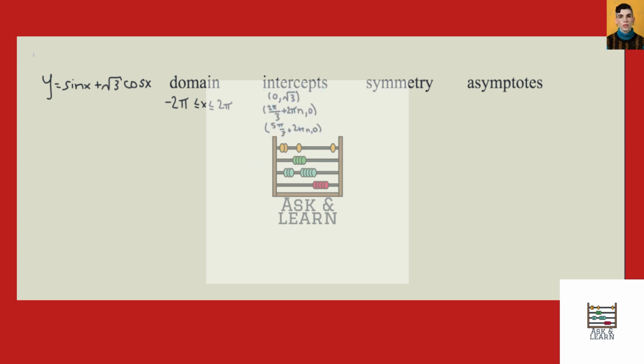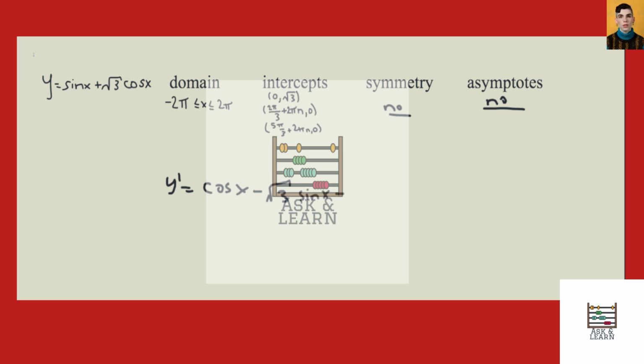For our symmetry, there is none. Asymptotes, there's none. And now we can do the first derivative test. So y prime equals cosine x minus radical 3 sine x.